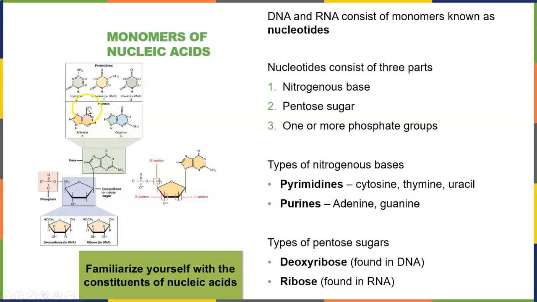Now we have nitrogen in them. The term is nitrogenous bases, which you'll hear, but either way. So you have a base, you have a pentose sugar, and you have one or more of the phosphate groups that we're about to see.